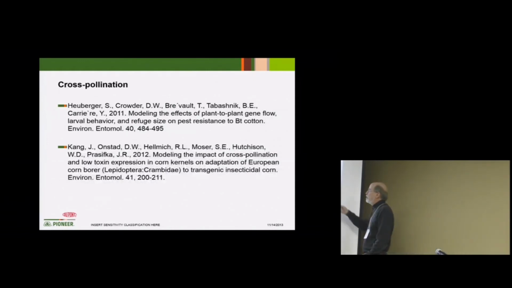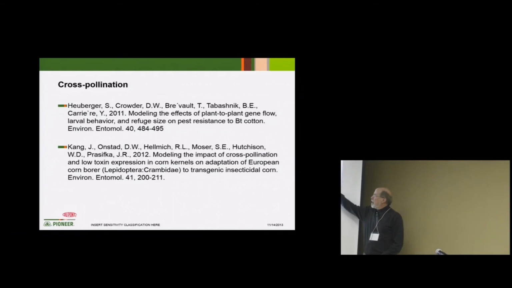Cross-pollination, a couple of papers here. Again, worried about whether seed-feeding insects will be affected by different expression of the toxin in seed that's been cross-pollinated between refuge and BT crops.